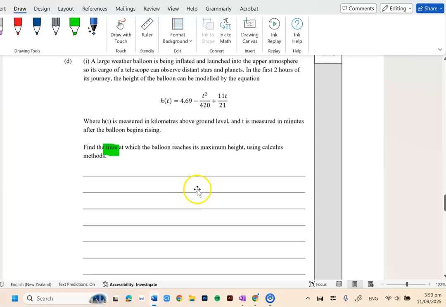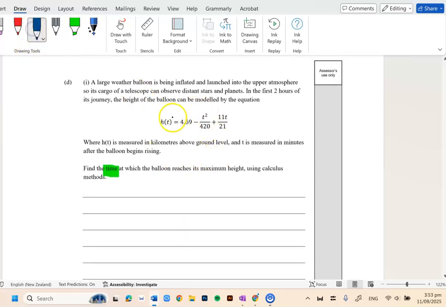Alright, the first thing we're going to do is differentiate this equation. So it's going to become h dash of t. The 4.69 goes away, and then t squared, remember how we do fractions, that'll just be 2t over 420. Just keep in mind that this is a negative, plus 11 over 21.